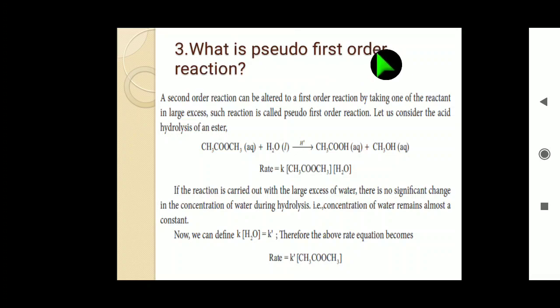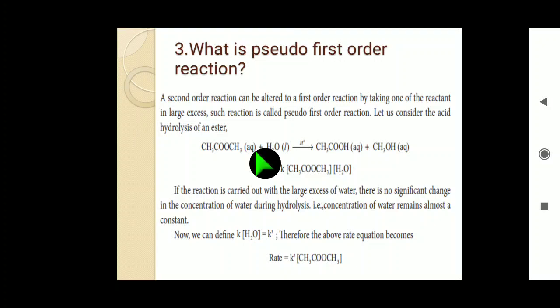Pseudo means false. Just look at the equation. The equation is nothing but ester hydrolysis. Here two reactants are present. But this equation is considered as first order, pseudo first order.